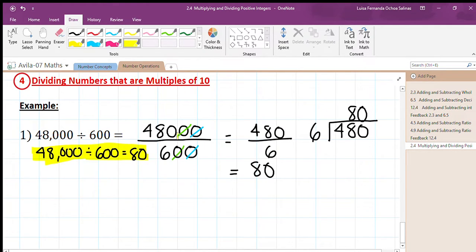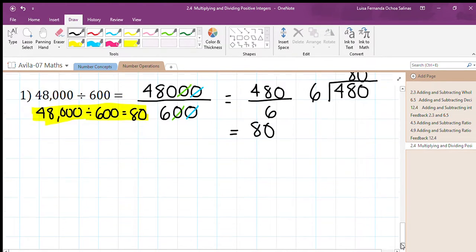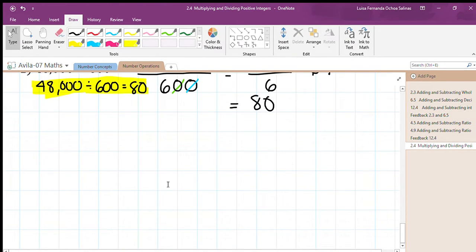Okay, girls, why can I cancel these zeros in here? It seems a little bit odd, but let's work it out down here. Why was I able to do that? If I have 48,000, it's a logic similar to the one that we used before when we were multiplying. Divided by 600.